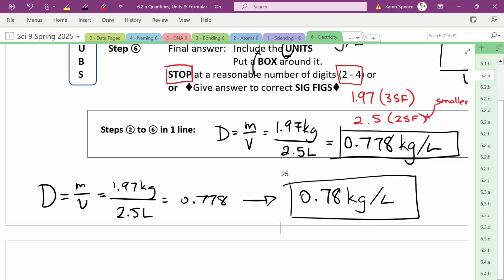Round all of them? Yeah, you should be rounding at a reasonable place. I need to print that out.